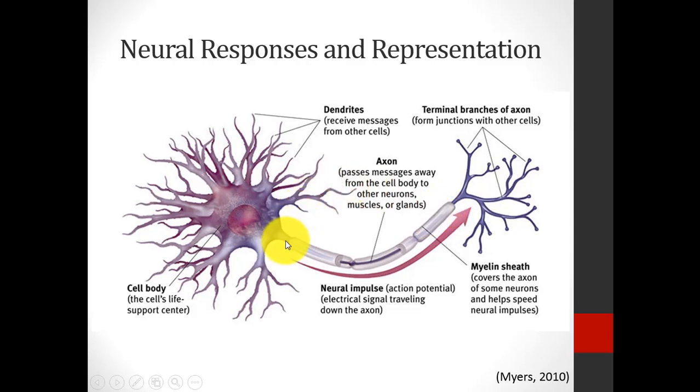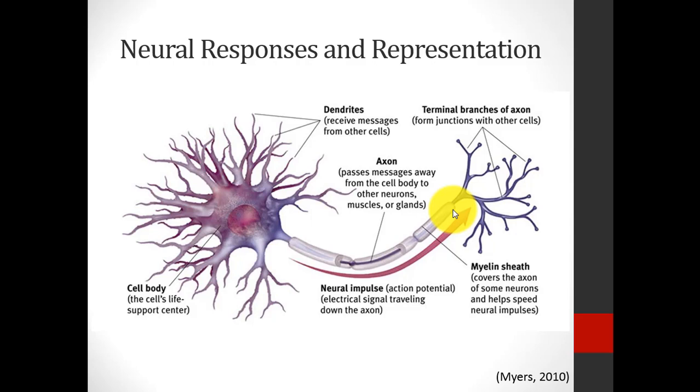So essentially it jumps from node to node, and the term for that is saltatory conduction. But that myelin sheath, you likely talked about this in your intro class. You have a range of speeds in these neurons, none of which are as fast as electrical current in say an extension cord, but upwards of 200 miles.